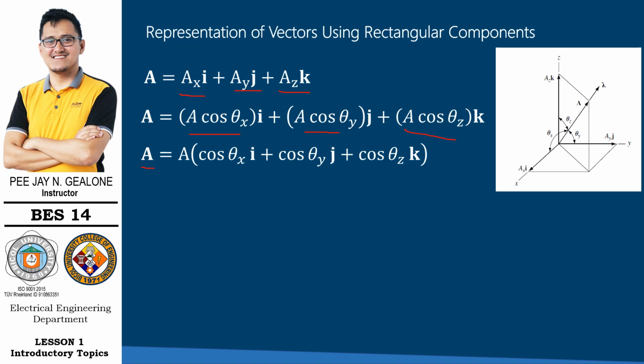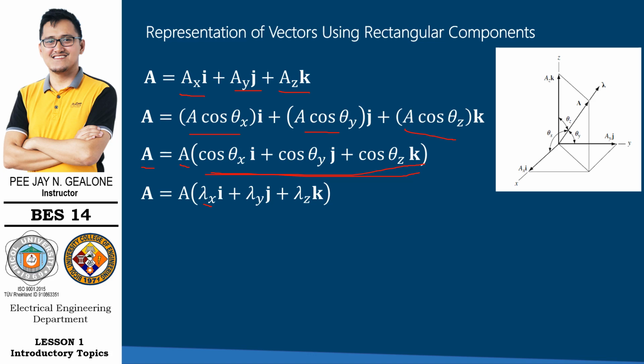Vector A can be expressed as the magnitude of A times this particular parameter. It is interesting to note that itong part na to can be further simplified or represented using the symbol lambda. So itong lambda, or lambda x, lambda y, lambda z, position vectors.